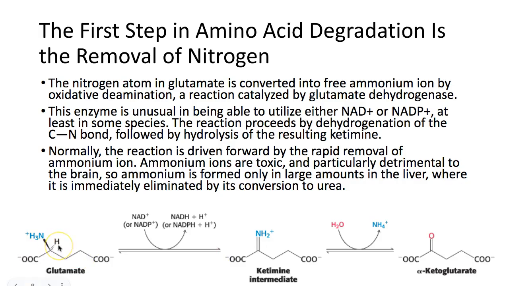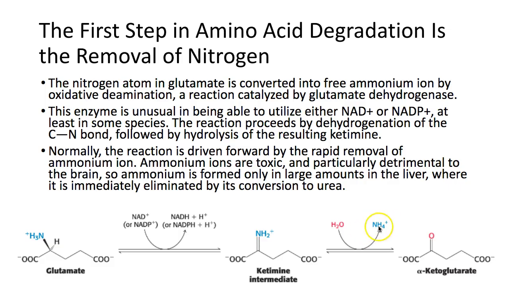And so that's when the glutamate dehydrogenase acts, where you have these cofactors NAD plus and NADP plus. You can use either in your body, and it forms this intermediate imine.